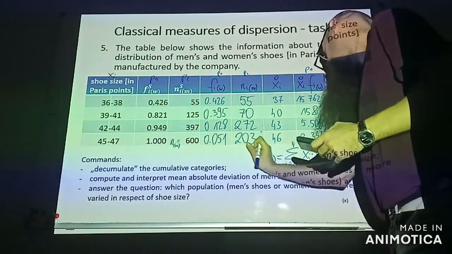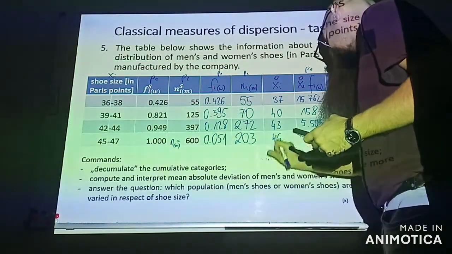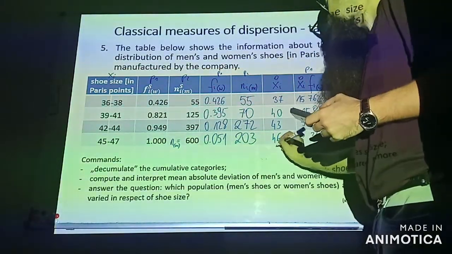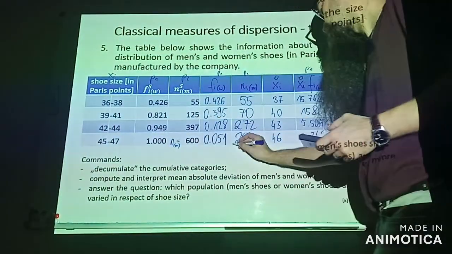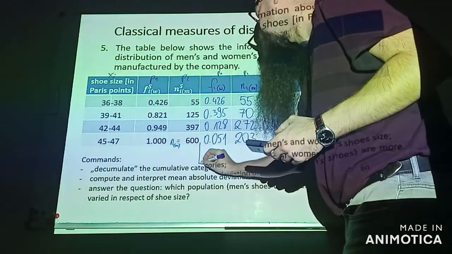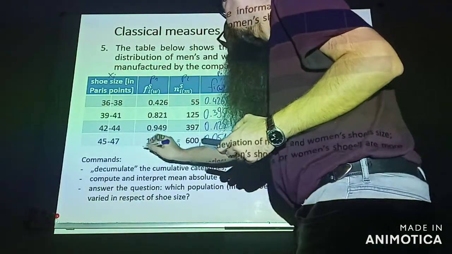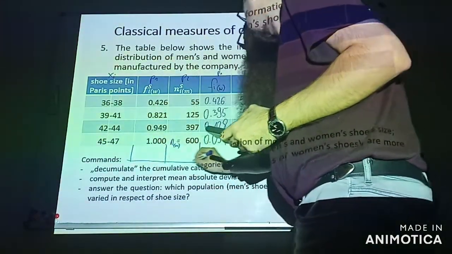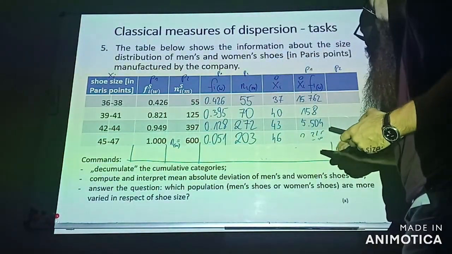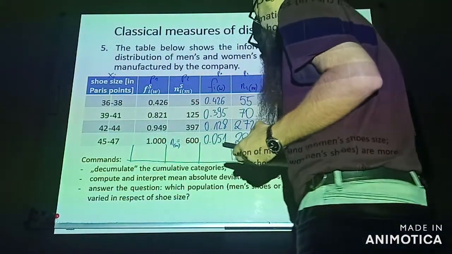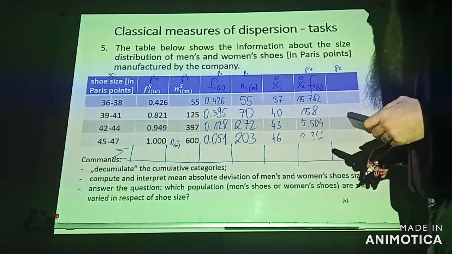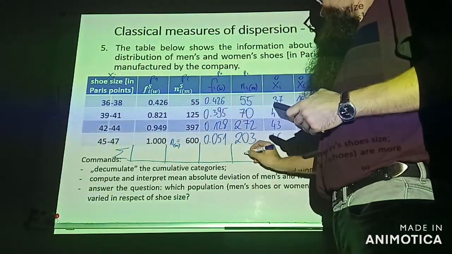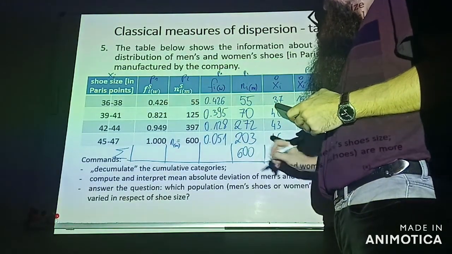So I have to delete these formulas because I need another column, the summary column. Yeah? Maybe we can start here, the summary column. Okay, here we have 600.